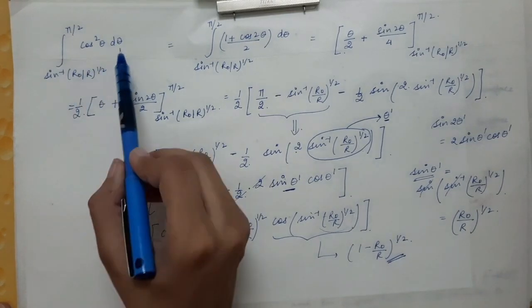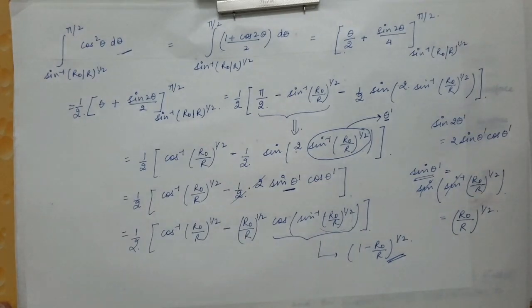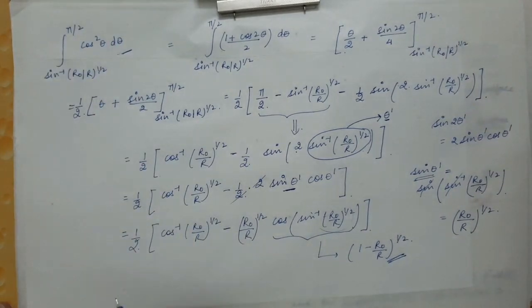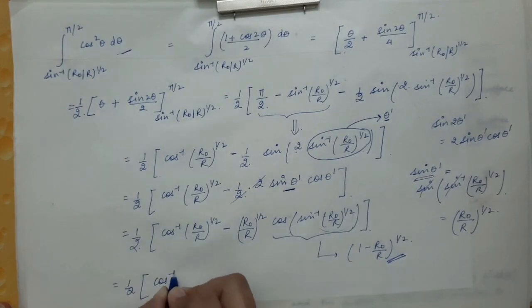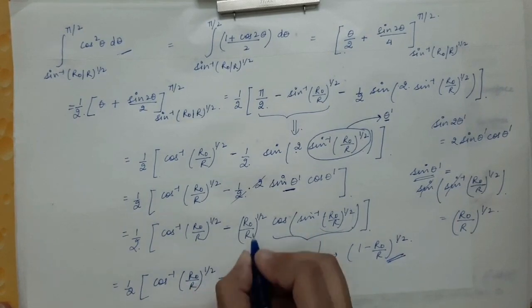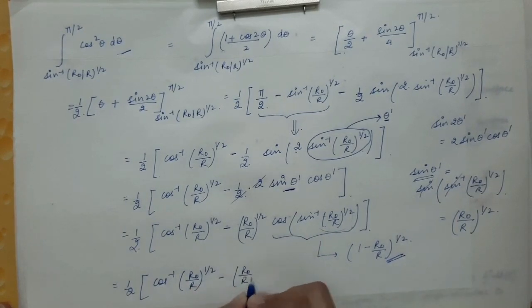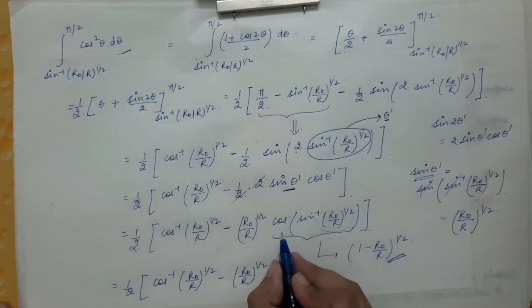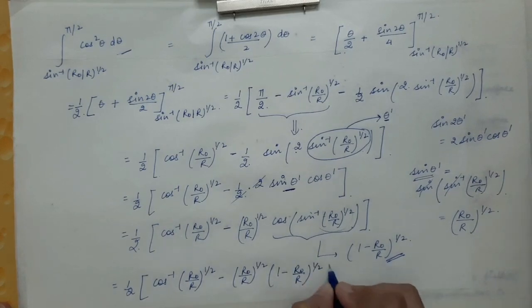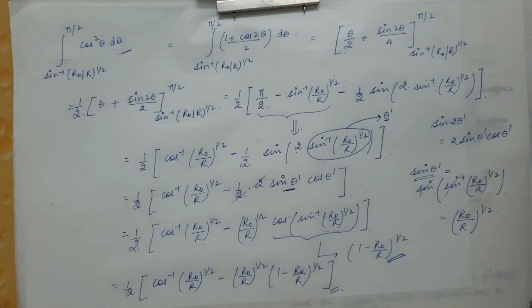So this whole integral of cos square theta d theta with the limits of theta will be equal to 1 by 2 cos inverse of r naught by r power 1 by 2 minus r naught by r power 1 by 2, which will remain as it is. Then this cos of sine inverse of theta will be equal to 1 minus r naught by r power 1 by 2. So this is what this integral will be equal to.